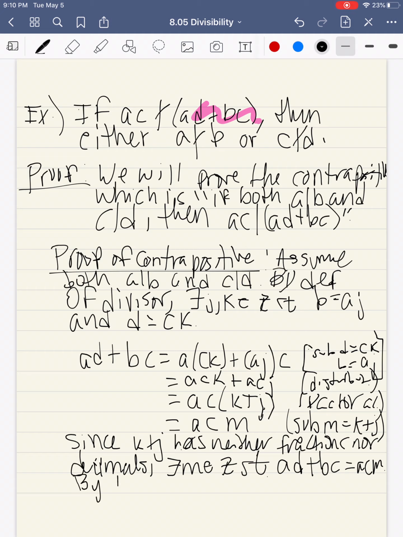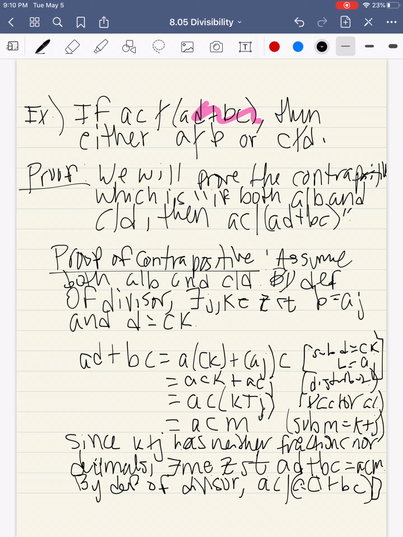By definition of divisor, AC divides AD plus BC. So open box here because this is just the proof of the contrapositive.